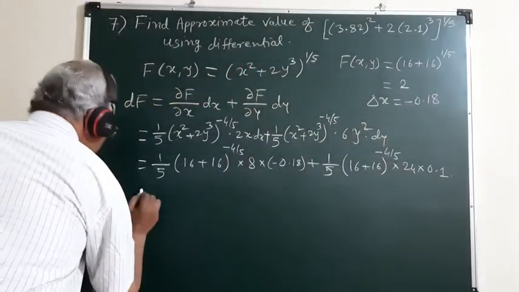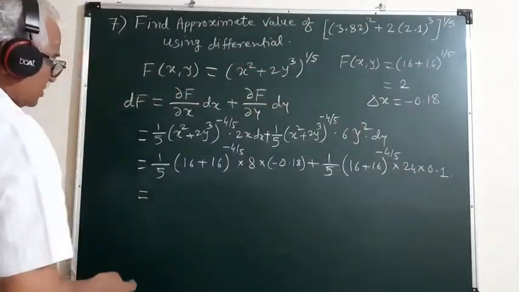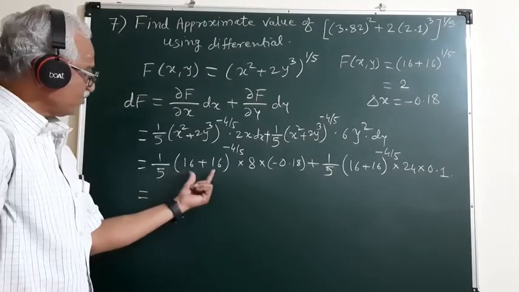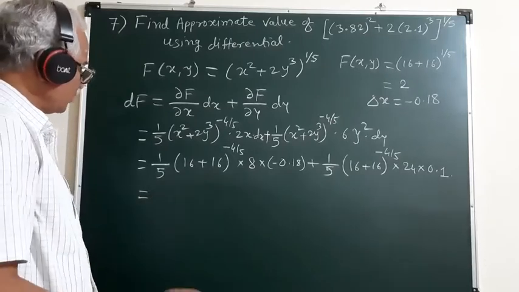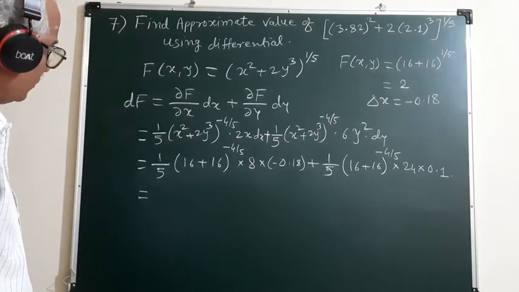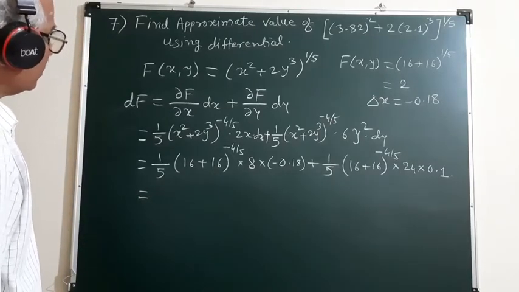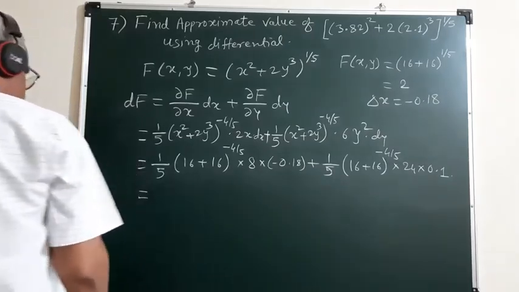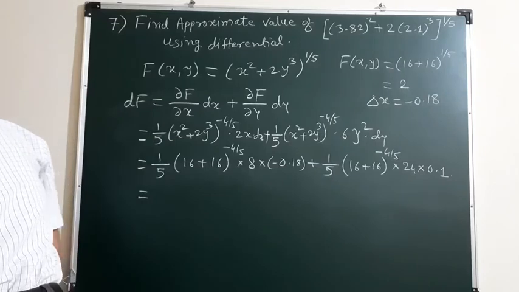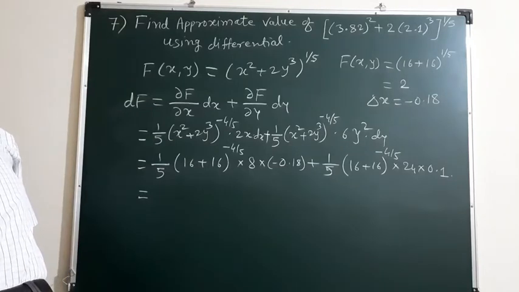So this is nothing but equal to 16 plus 16 is 32, 32 is 2 raised to 5.